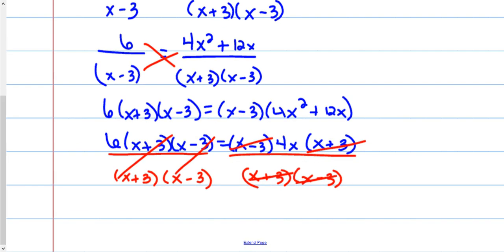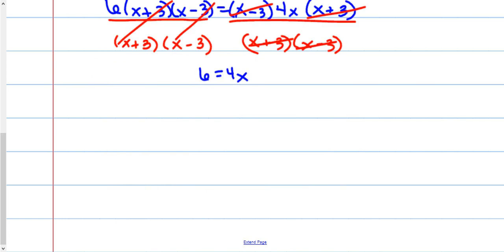So now I have 6 equals 4x. I can divide by 4, and x is equal to 6 over 4, which is going to reduce to 3 over 2.